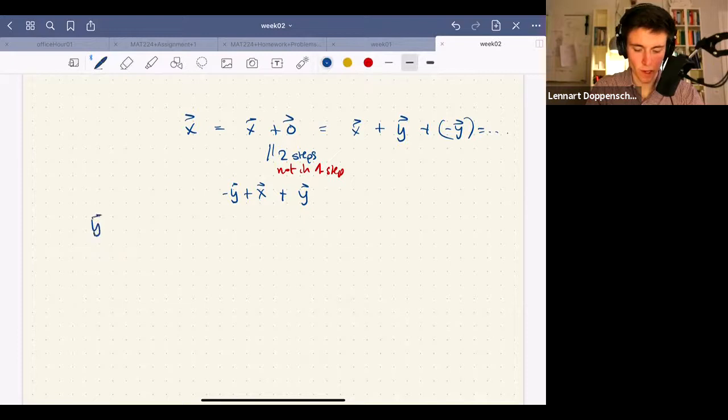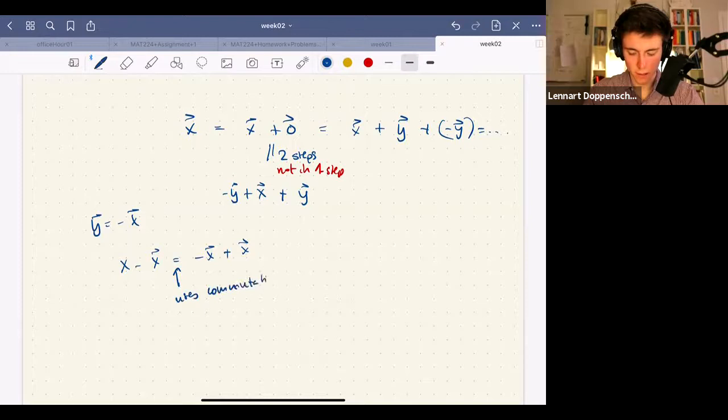So if y is equal to minus x, then x minus x and minus x plus x uses commutativity.